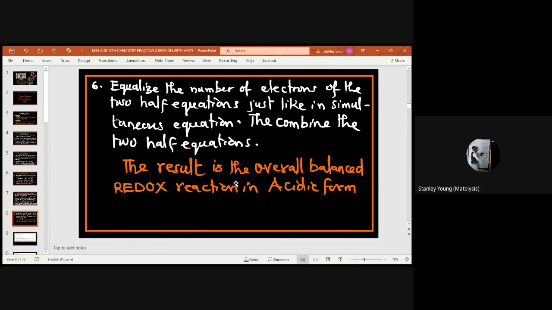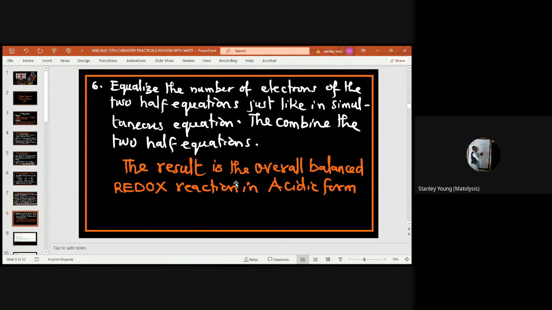Once you've done that, you try as much as possible to equalize electrons. Equalize electrons by simultaneous equation. You know, the things you do in simultaneous equation where you do a kind of cross multiplication helps you balance electrons, and after that, you combine the two equations together.